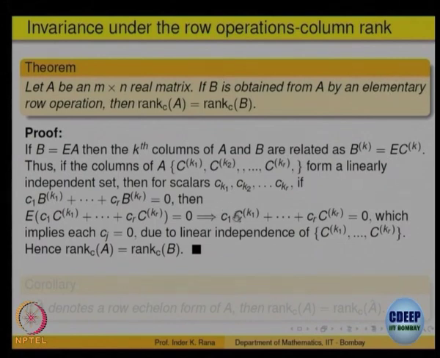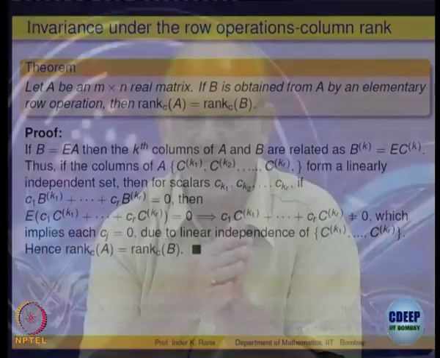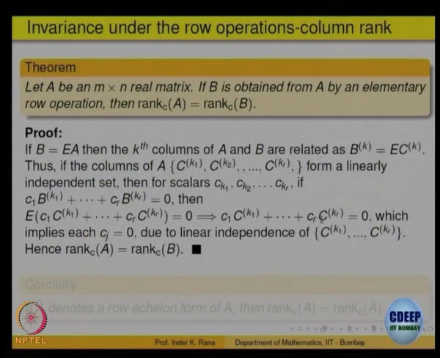So that means the linear combination of these column vectors of A is equal to 0, right. So what we are saying is, if a linear combination of column vectors in B is 0, then the corresponding linear combination in A is also 0, and if these were independent in A, what will that imply? That means all the scalars c1, c2, cr must be 0.